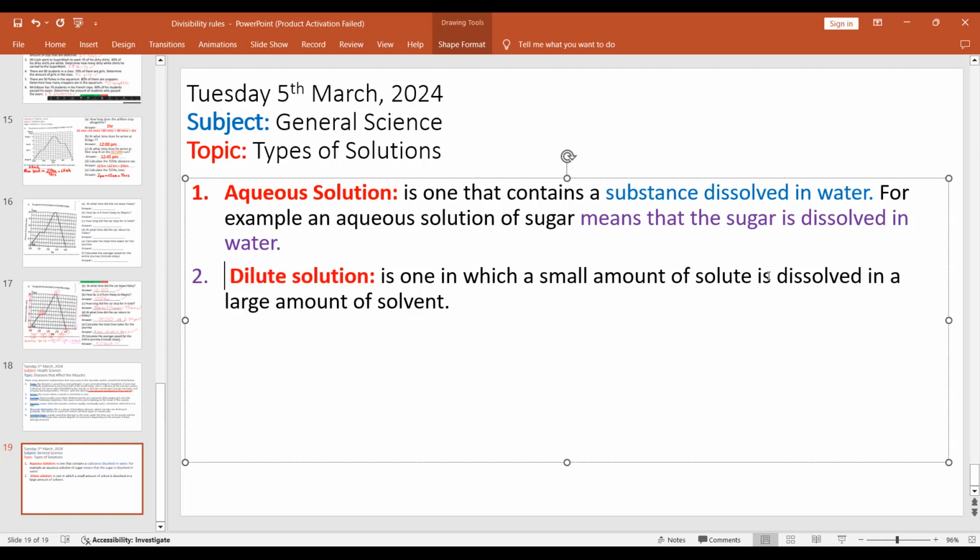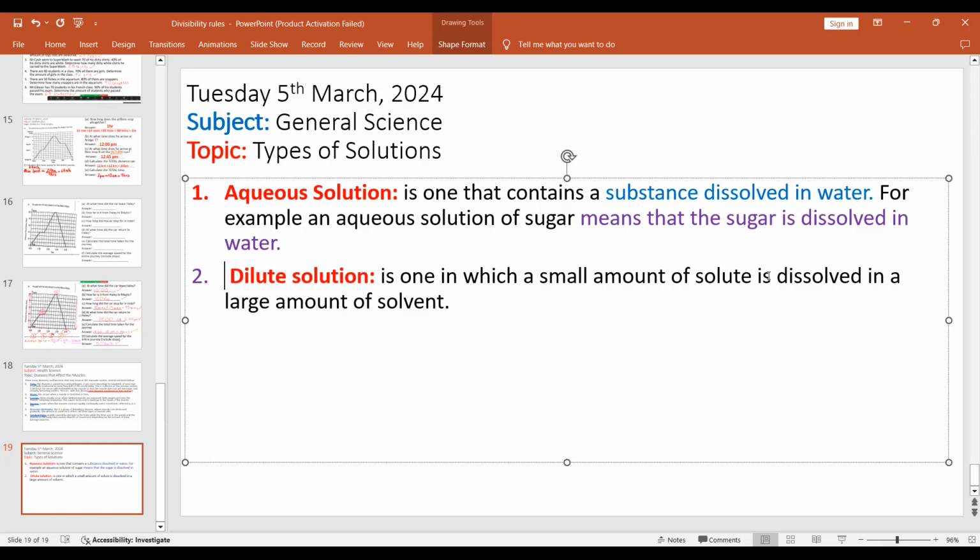Dilute means to make something weaker. For example, if I say, hey, this is too strong, dilute it for me, it means to add more solvent so that there's more of the water, or the liquid part of it. So dilute means there's a small amount of solute and a large amount of solvent.